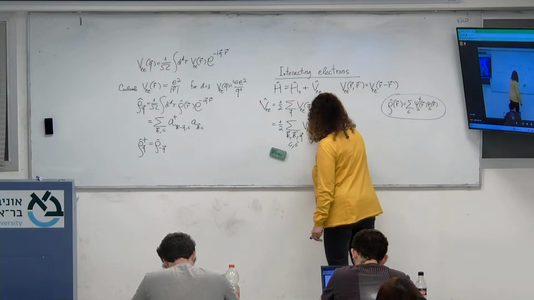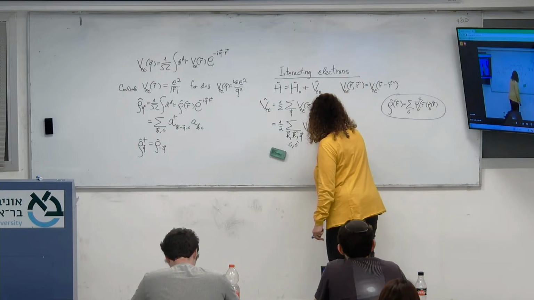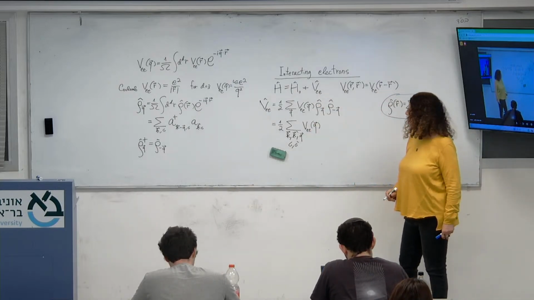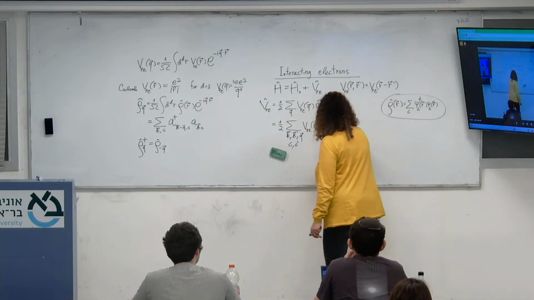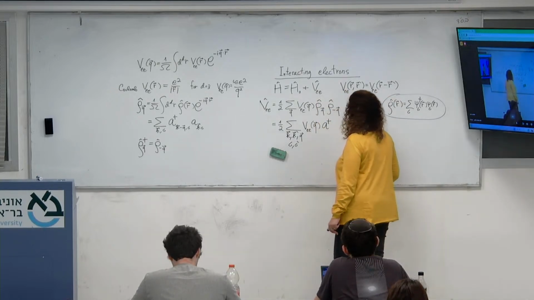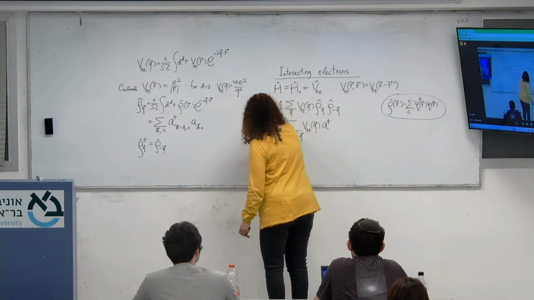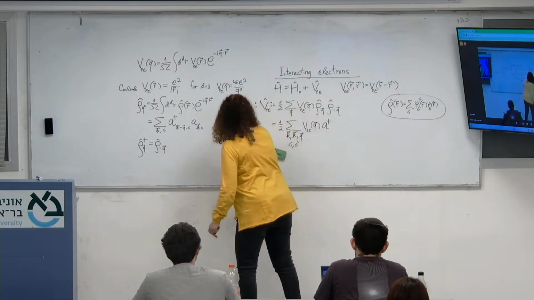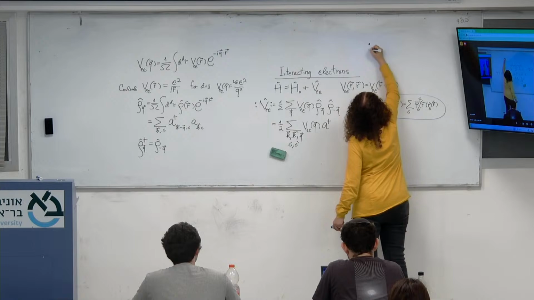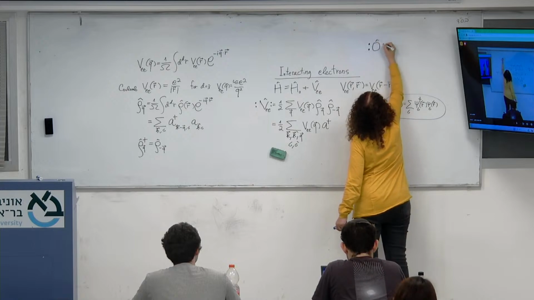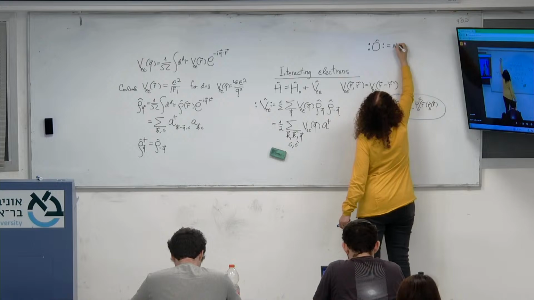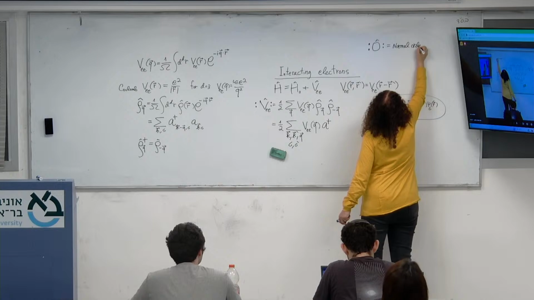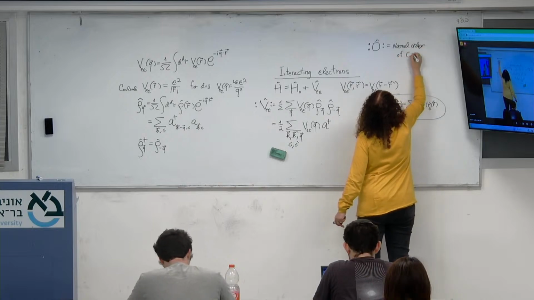Inside the sum, first of all, we have the Fourier transform of the interaction at momentum Q. And if I write it in the normal order, let me define here on the side, for any operator O, the normal order of O.